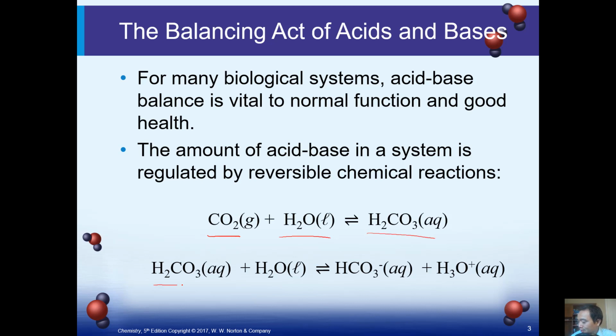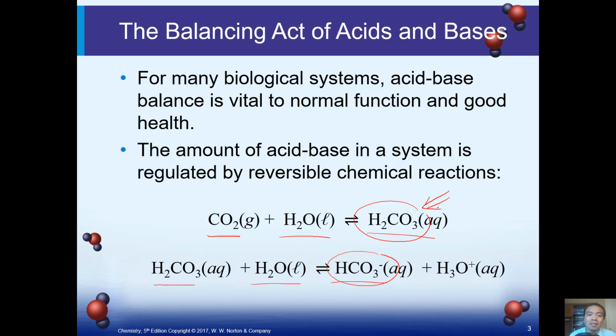Carbonic acid can ionize in water to give you hydrogen carbonate. And this too forms a buffer, which together with other buffer systems keeps the blood pH in a normal range. The carbonic acid, as you see over here, is one type of weak acid, and some acids are strong acids.